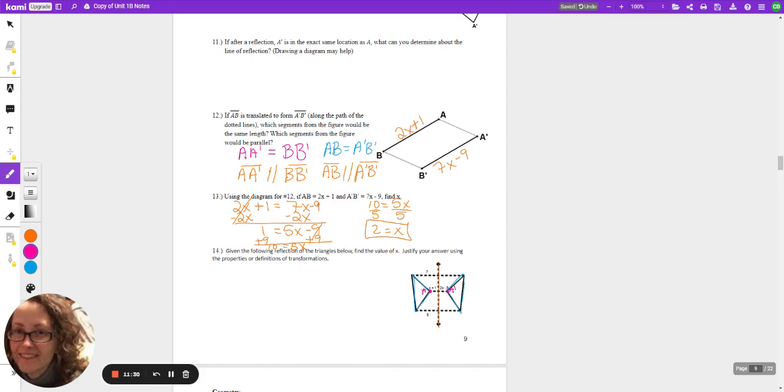Now I'm only naming them here in the video because then I will be able to talk about them a little bit easier. So A to the line of reflection and A prime to the line of reflection should be the same distance. So if I were to take a tape measure out or a ruler and measured from A to the orange line, and I got maybe 1 centimeter or 1.1 centimeters, I would get the same 1.1 centimeters if I measured A prime to the orange line.